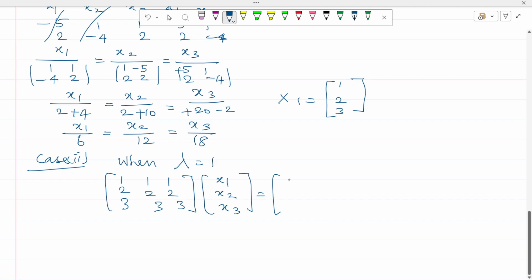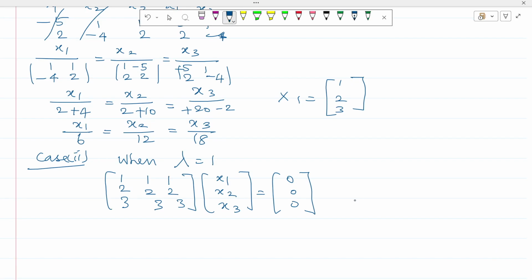Even if you solve this, you will get x1 equal to 0, x2 equal to 0, x3 equal to 0, but that is not possible. Therefore at this time you have to consider any one of the rows arbitrarily. That means x1 plus x2 plus x3 equal to 0. All the equations are x1 plus x2 plus x3 equal to 0.